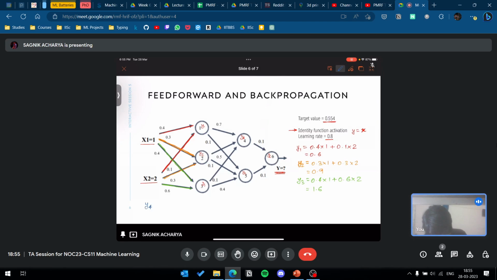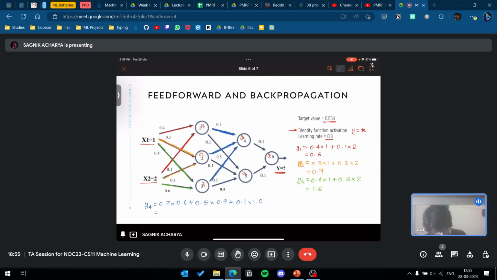So y4, now y4 is this branch plus this branch plus this branch, right? The blue and the blue are kind of overlapping, but anyway, it is 0.7 times the value of y1, which is 0.6, plus, this branch over here has a weight of 0.5, so plus 0.5 times 0.9, plus 0.1 times 1.6, right?